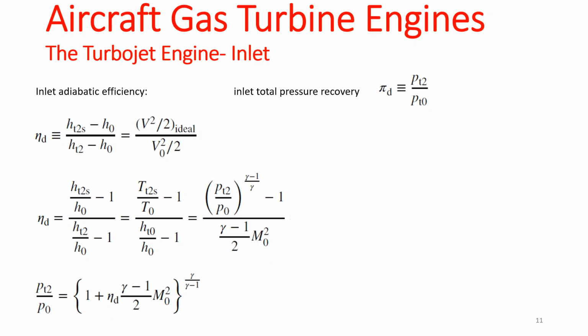But okay, so how did we get from this temperature ratio to this pressure ratio? Because it's adiabatic. It is what? It's isentropic. Thanks, Ryan.